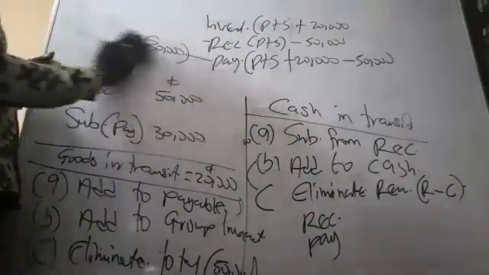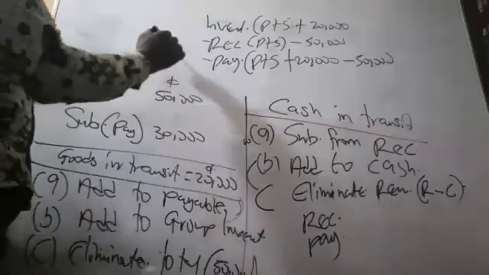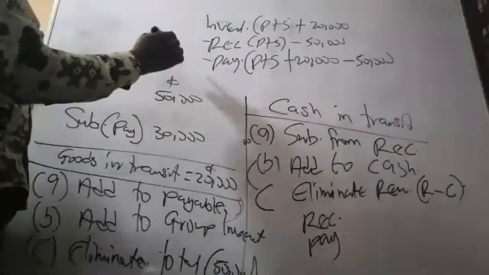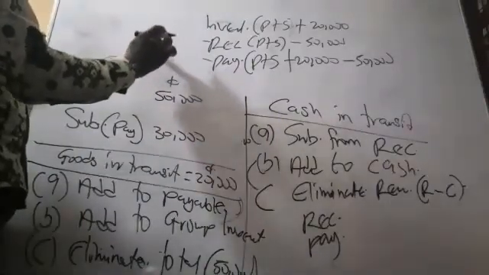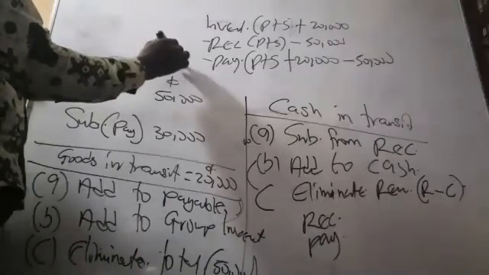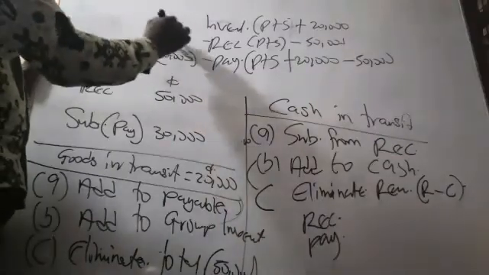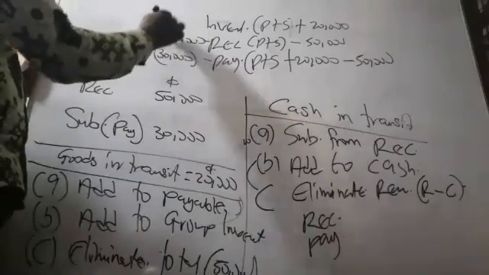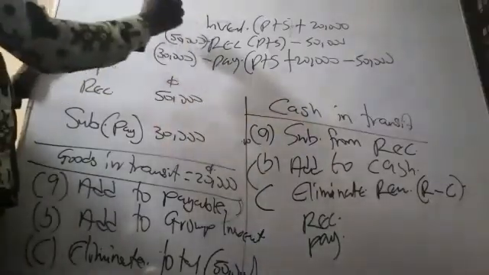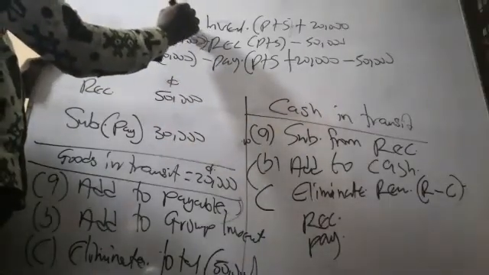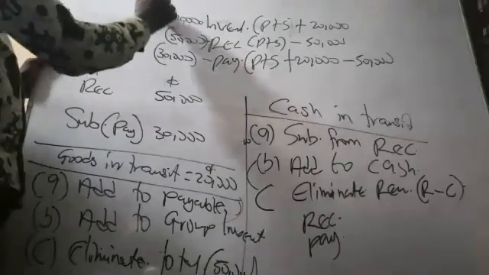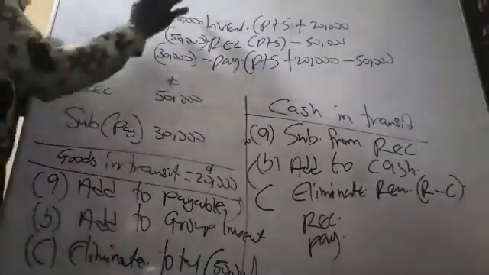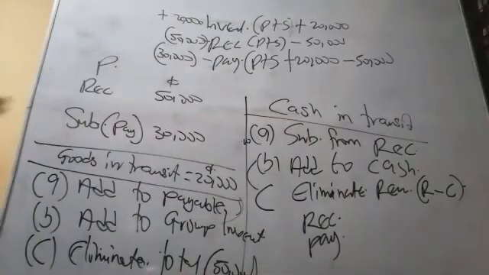Let it go. Here, subtract the 30,000, and here subtract 50,000. So there'll be a balance of 20, right? Add it to the inventory, 20,000. Make it positive. That's all. So this is a shortcut approach, and then you are done.